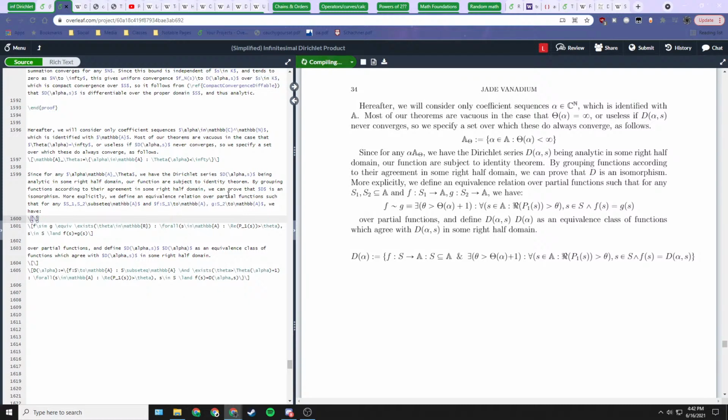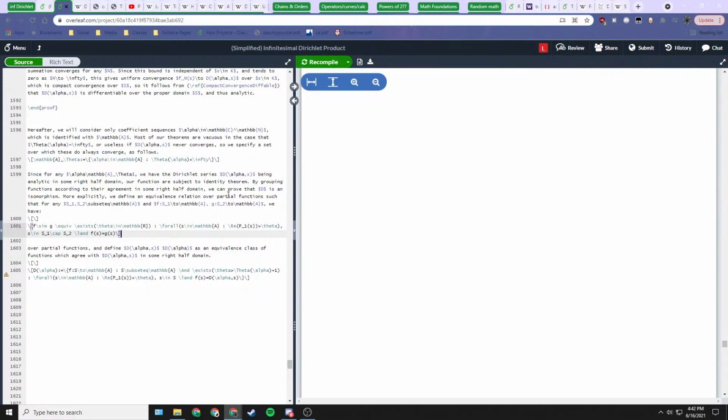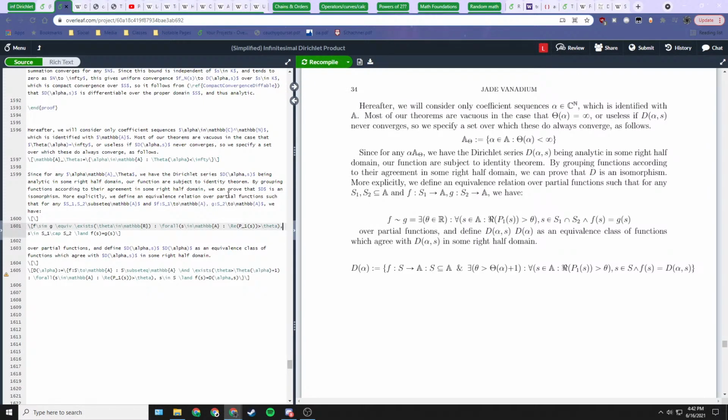Holy crap, I don't even know what I'm trying to say. Okay, we define an equivalence relation: there exists theta such that for all S in A, S is in S1 cap S2, and this is that. Let's do it this way.